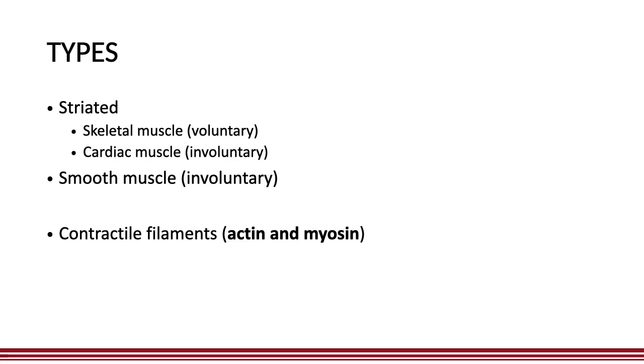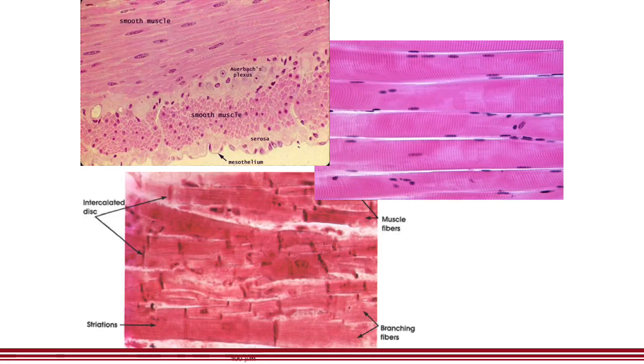Okay? In summary, muscle histology can be divided into striated and smooth muscle, which is differentiated by the presence of these striations in the cells.